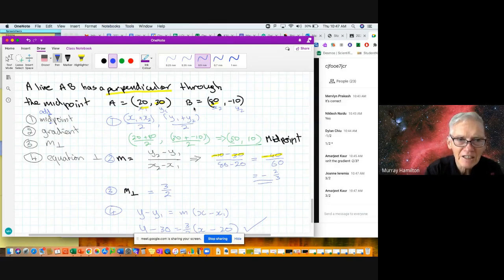Now I've taken you right to merit level in 2 periods. This here is a merit level question because we're having to do several things all at once. We had to find a midpoint, which was first. We had to find a gradient, we had to find a perpendicular, then we had to find an equation.